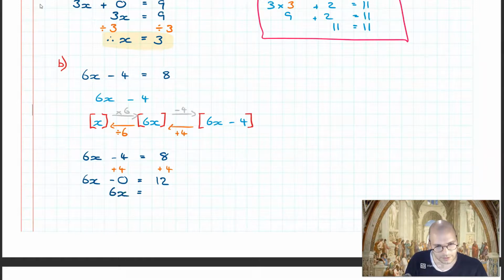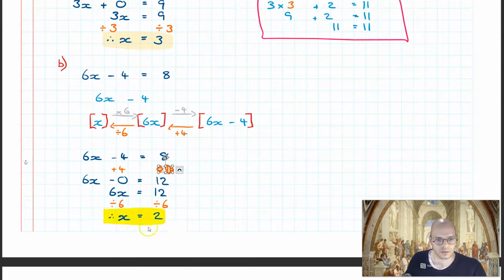Simplifying this out, 6x is equal to 12. Now, removing the 6x and changing it back to x, I simply divide both sides by 6. This will yield x on the left, and then 12 divided by 6 is 2. And therefore, the value for this is x equals 2.